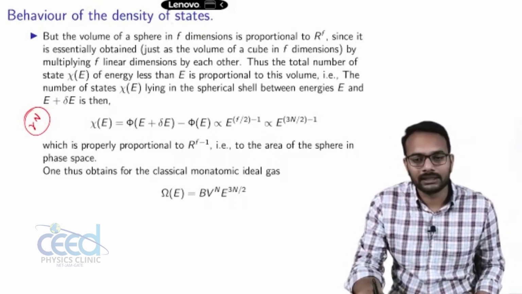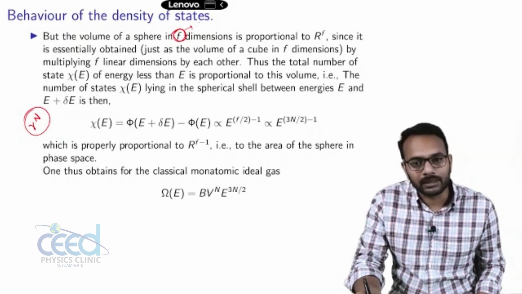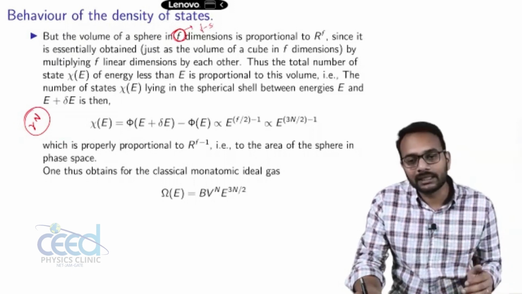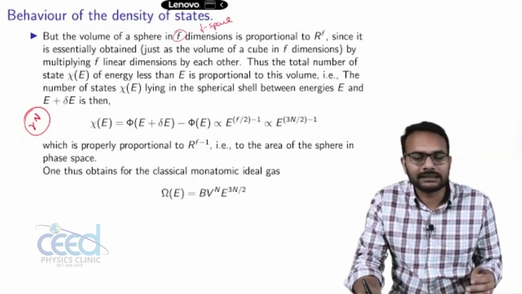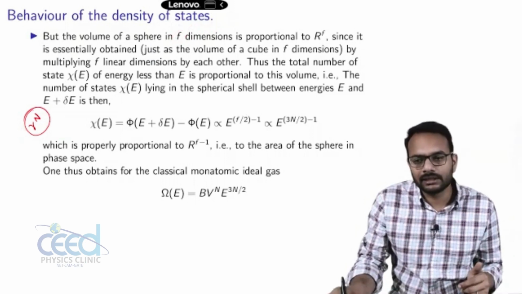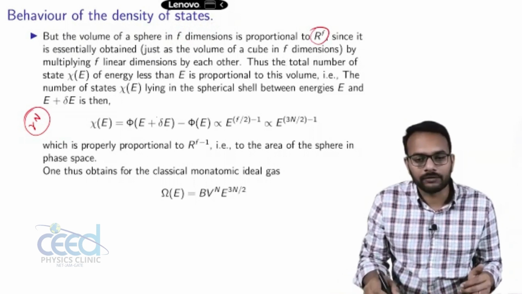Here we are imagining a sphere of f dimension, a sphere which lives in the f-dimensional space, and we know that f is 3N. So it has to go like r raised to f.